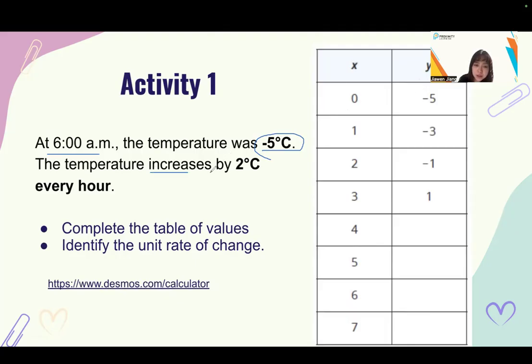Then it increases by 2 degrees Celsius every hour. So is the temperature going up or going down? You can send it in the chat box. Yes, it's going up, so our change is positive, like 2 every hour. So we start at -5, and the change is +2 every hour.